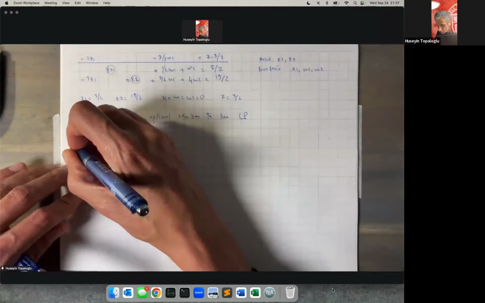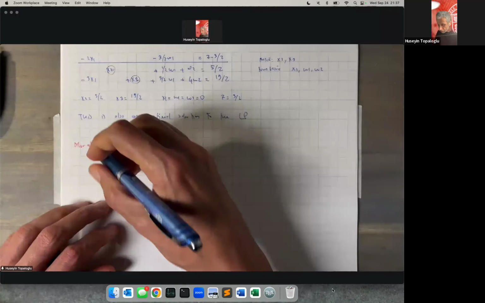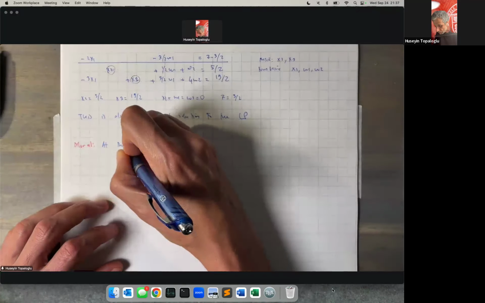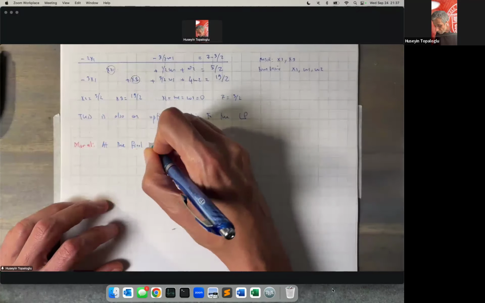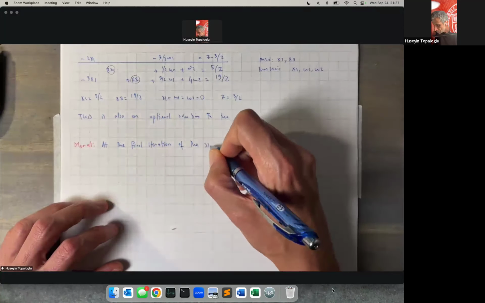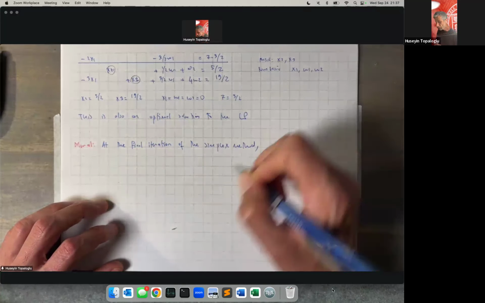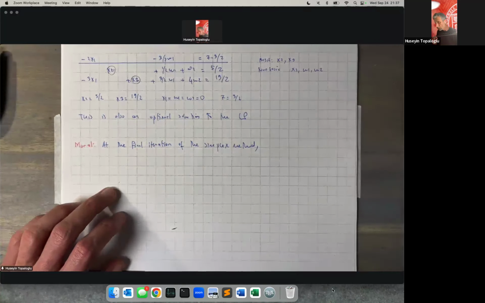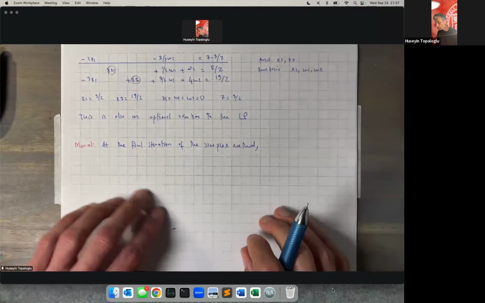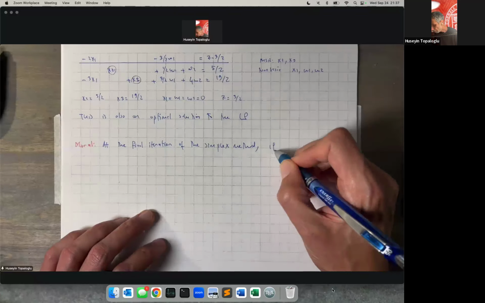So the moral of the story is, at the final iteration of the simplex method, if you have a non-basic variable with zero objective function coefficient, then we have multiple optimal solutions.